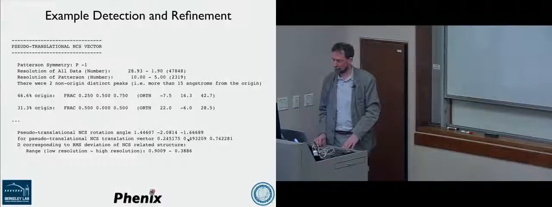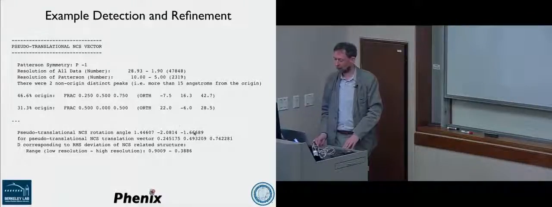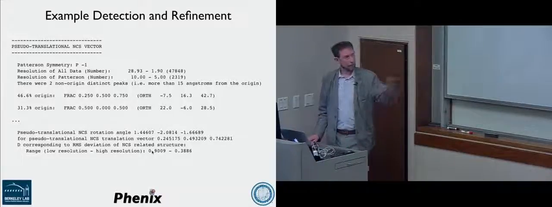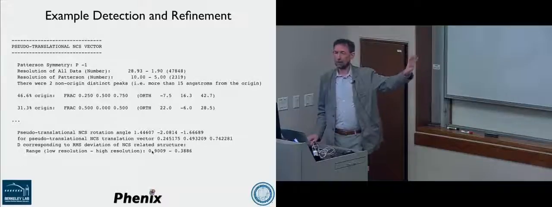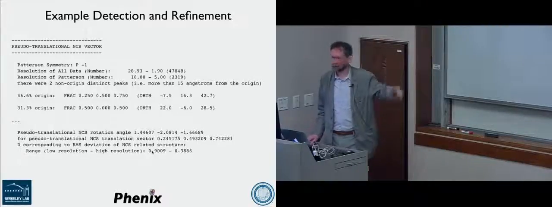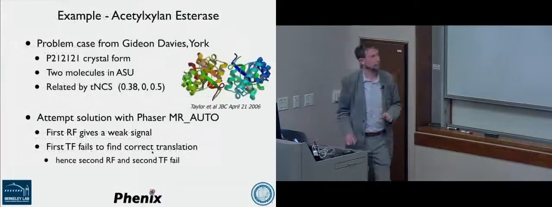And you can see this translation vector refines to something that's not exactly halves and 3/4 or quarters. So that is what's being done now in Phaser, and you don't have to turn this on, this is done automatically behind the scenes. It's trying to correct the intensities for the presence of this translation.